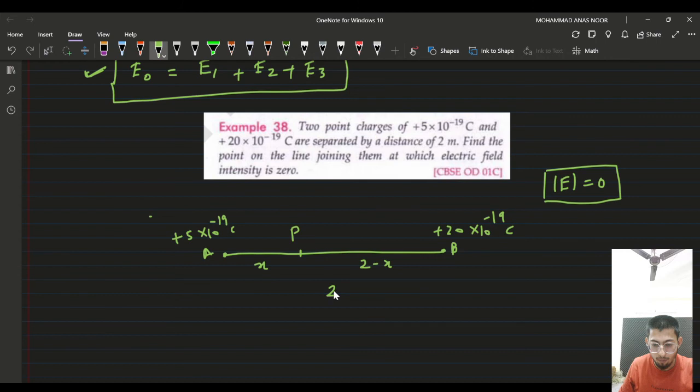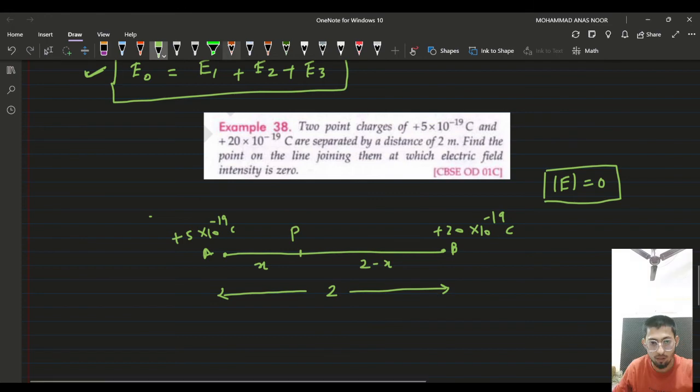Now can you think why it is asking such a question? How can the electric field be 0 at some point between A and B? Let me draw a rough sketch.